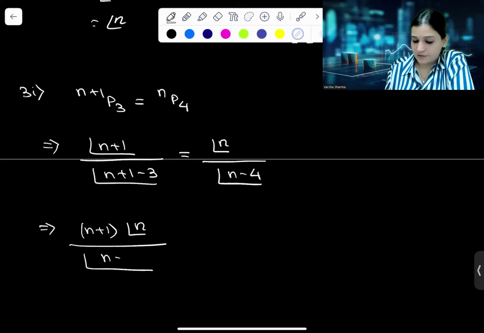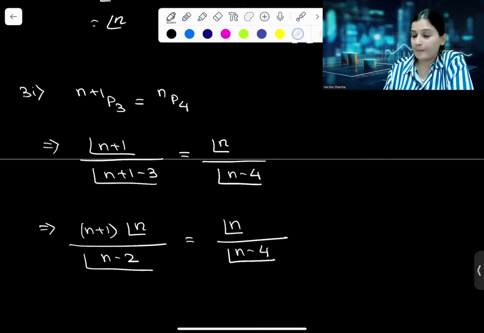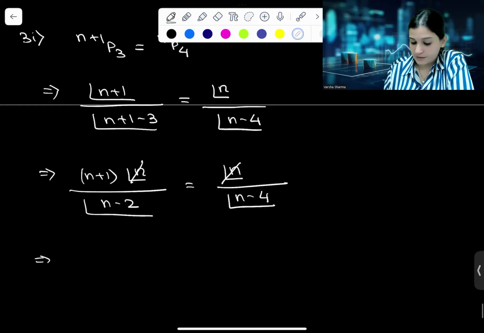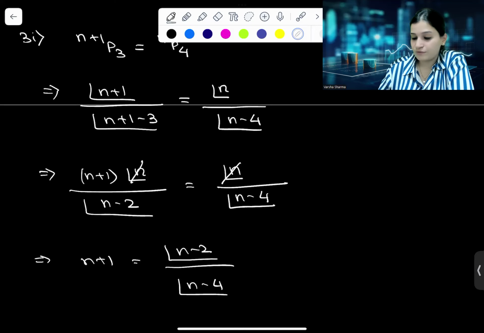This is n minus 2 factorial. Factorial n gets cancelled. n plus 1 equal factorial n minus 2 upon n minus 4.